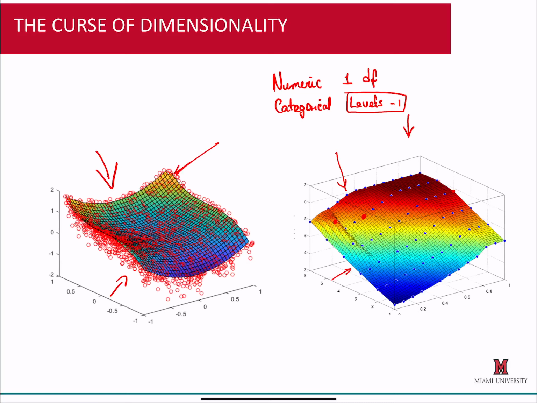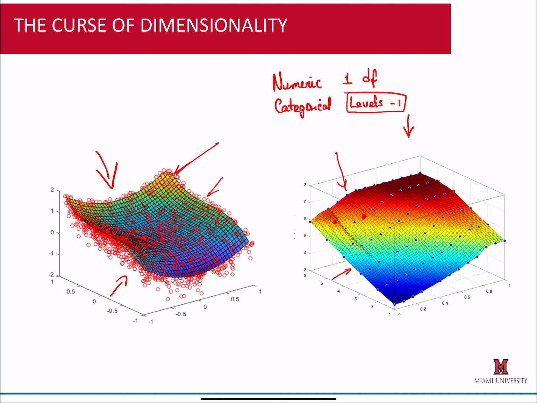In that case, where there are a lot of degrees of freedom, we need more observations so that the model can actually derive a correct plane. Now, having said that, I don't want to say that categorical variables are bad. Not at all. If the variable has predictive power, then that justifies bringing in more degrees of freedom.